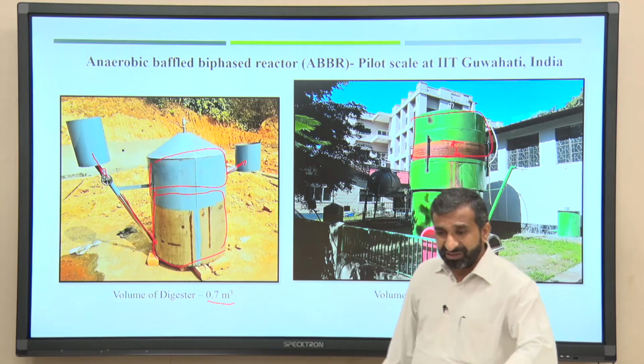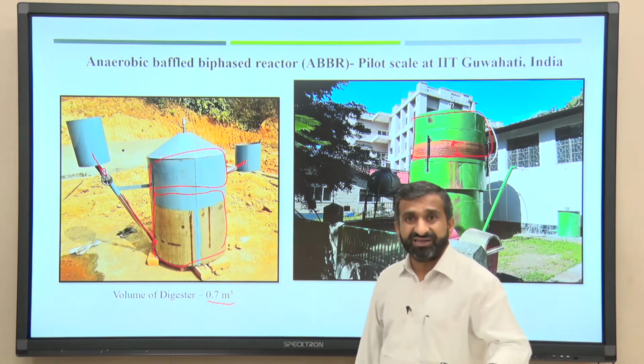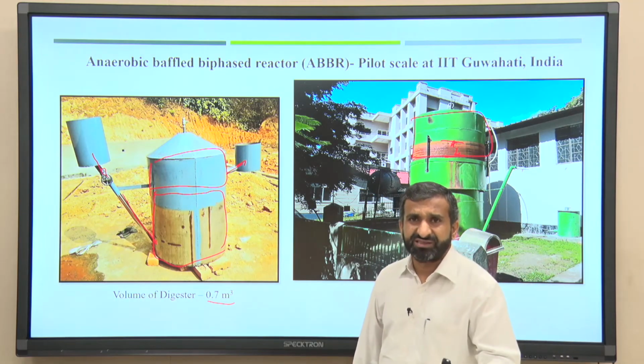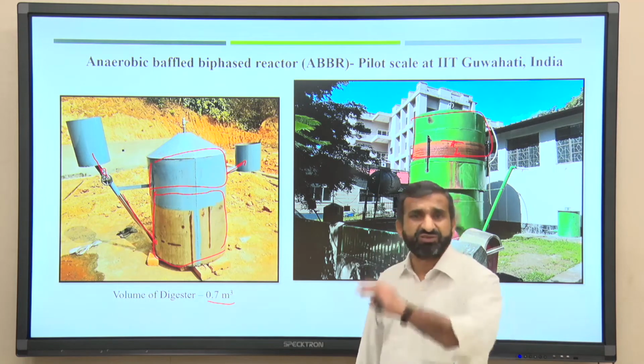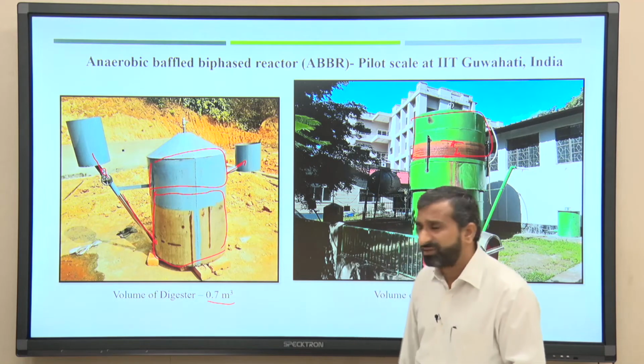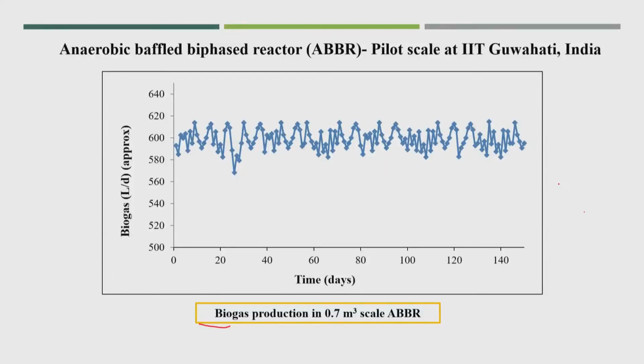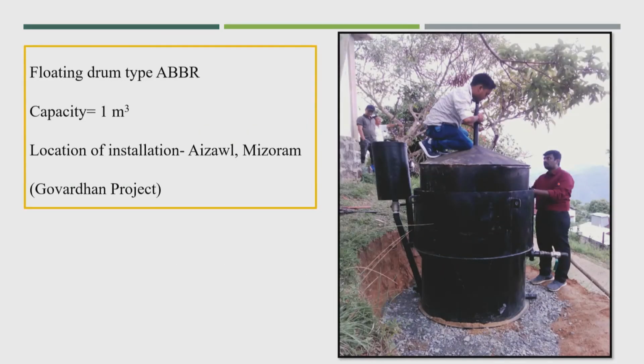Why? Because the HRT is very high and degradation is very fast, and even the methane production was more than 70%. You see here biogas production was good and ran for more than 140 days. Also, this floating type of ABBR with a capacity of 1 meter cube has been installed under the Govardhan project in Aizawl, Mizoram.